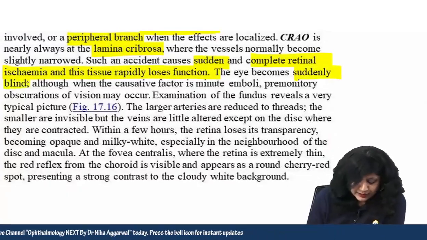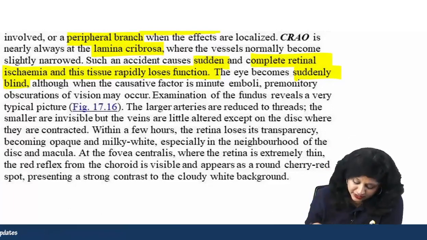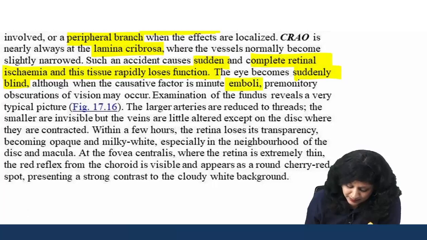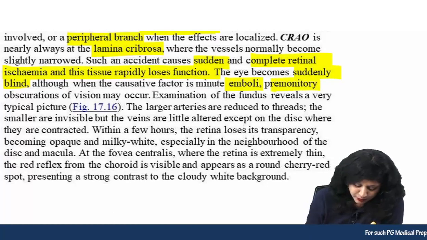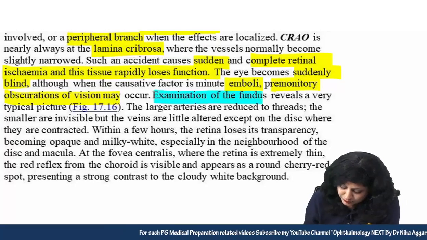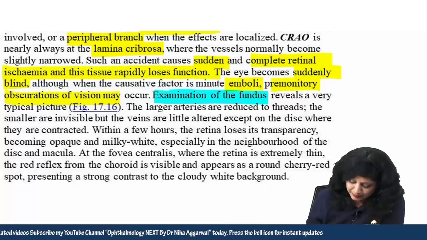So what type of clinical features do you get? We get sudden painless diminution of vision in such patients, and the causative factor is very small. It could be emboli, and there can be a premonitory obscuration of vision. Now when it comes to fundus examination, what are you going to see? You are going to get a very typical picture.